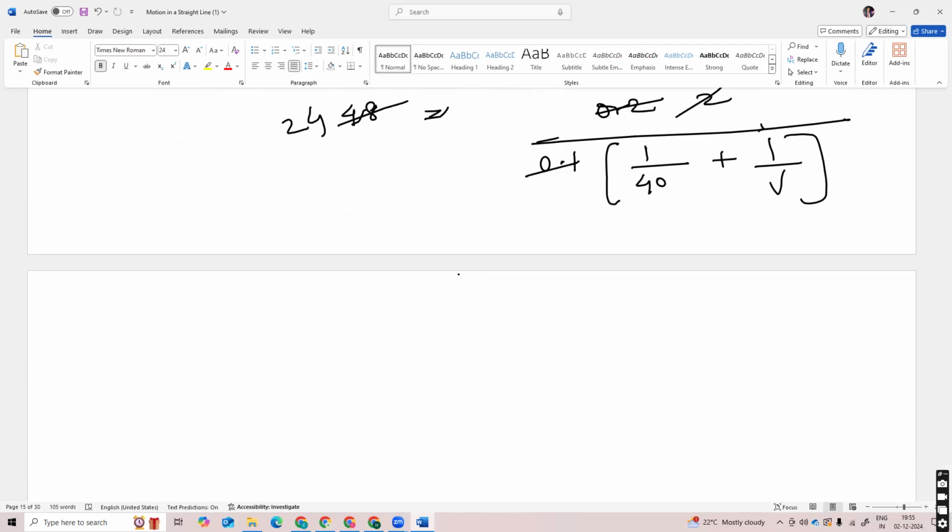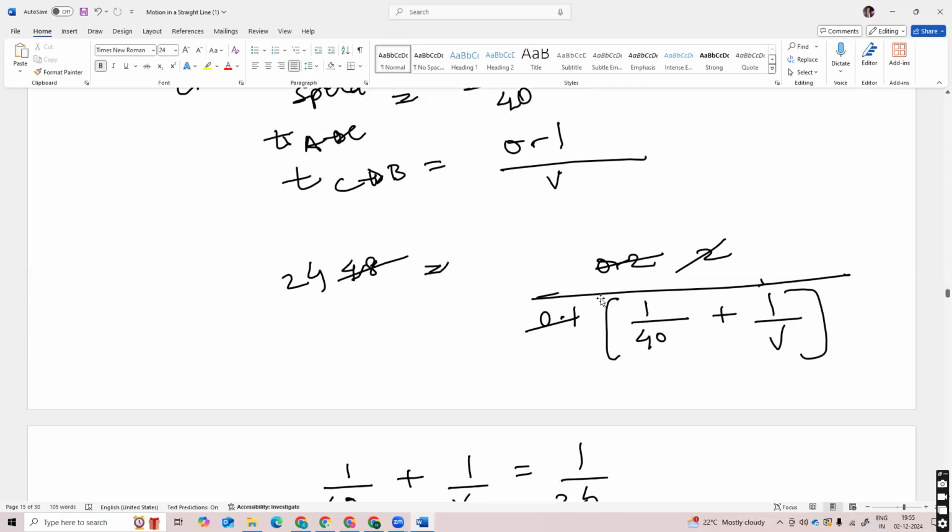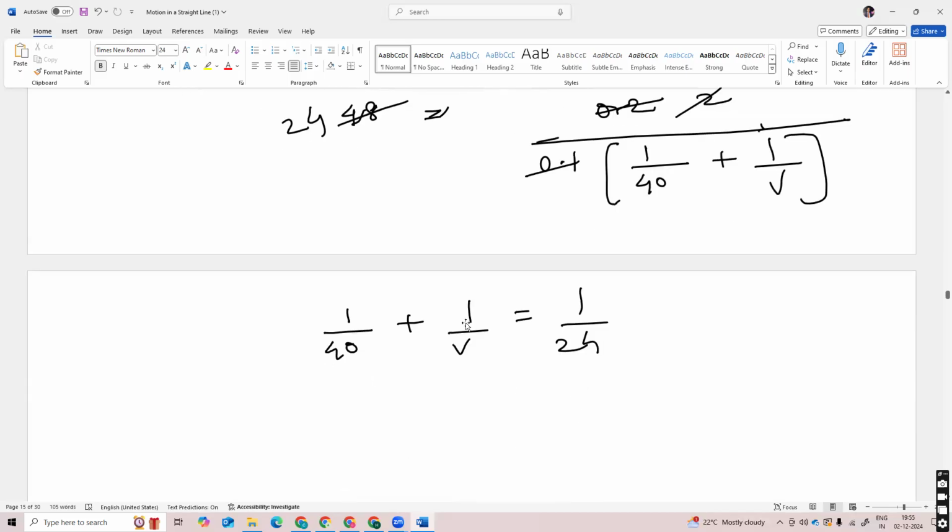If you simplify this, you can write it as 1 upon 40 plus 1 upon V is equal to 1 upon 24, because you have moved this bracket towards the left and you have moved this 24 towards the right. So you got 1 upon 40 plus 1 upon V is equal to 1 upon 24.